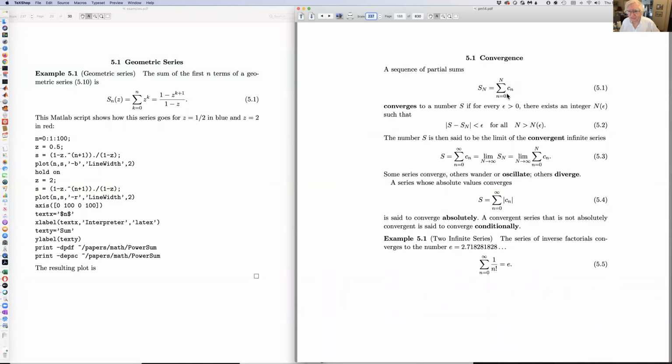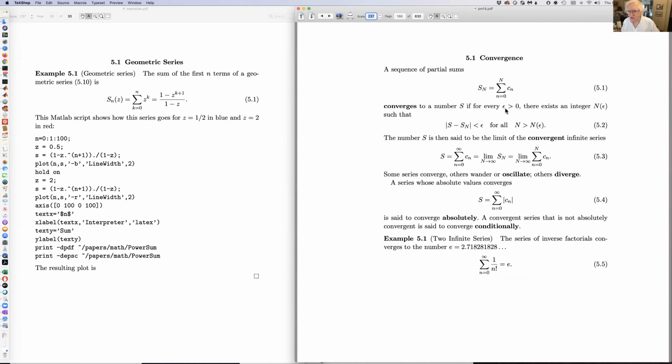Basically, we all know, of course, what a partial sum is, a sum from 0 to capital N of c sub n. And we call that a partial sum S sub N for N plus 1 terms.